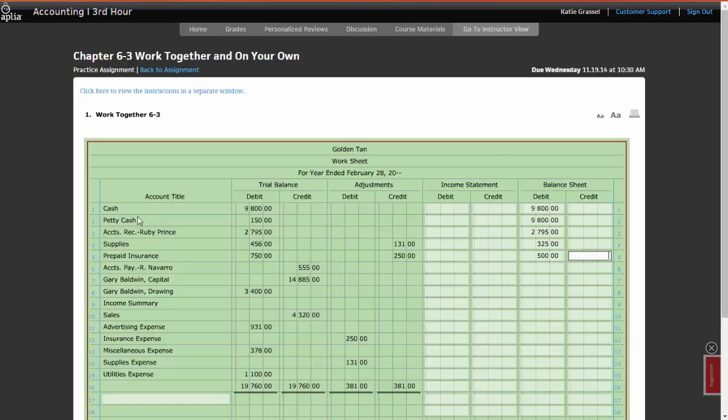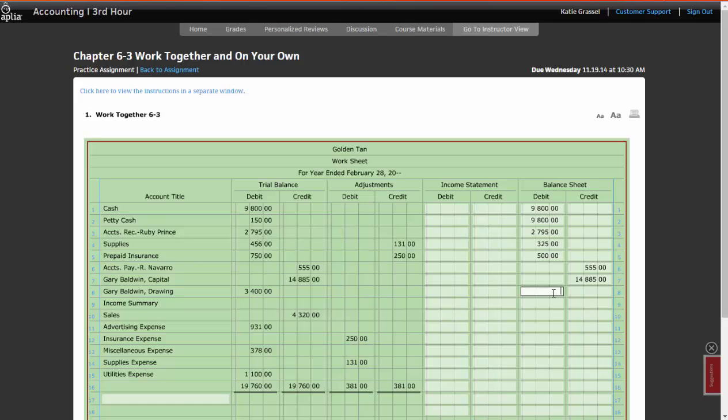Now, accounts payable, Richard Navarro. Classification, liability. Liabilities are on our balance sheet because we're proving our accounting equation. So 555 is going to go on our balance sheet. Same thing as a credit, yes. Same thing for Gary Baldwin Capital. It's going to go on our balance sheet as a credit because that's where it is on our trial balance, as a debit or as a credit. Now, the last one that I'm going to talk about right now is Gary Baldwin Drawing.